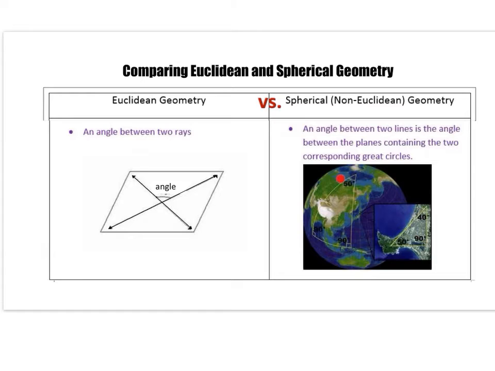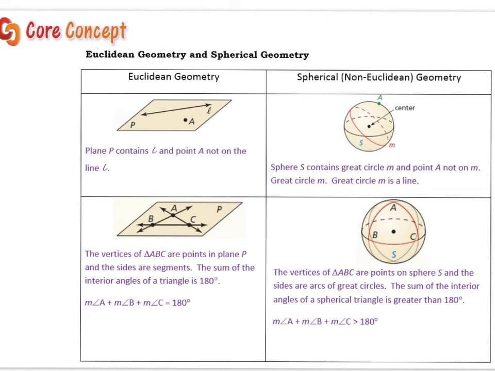So you can see that an angle within spherical geometry is going to look different than an angle in Euclidean geometry. Here's an example of a Euclidean triangle. Here's the spherical geometry. The fact that you have two right angles is not possible in Euclidean, but it is possible in spherical.